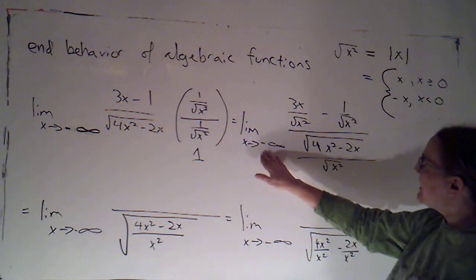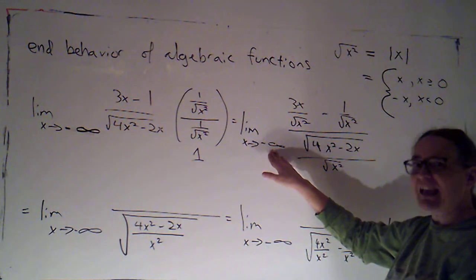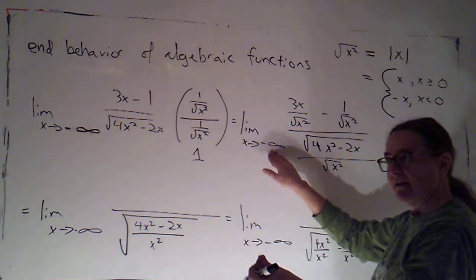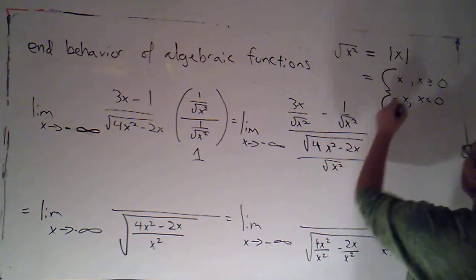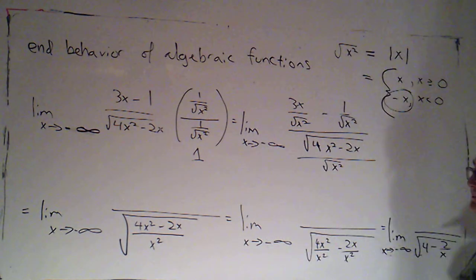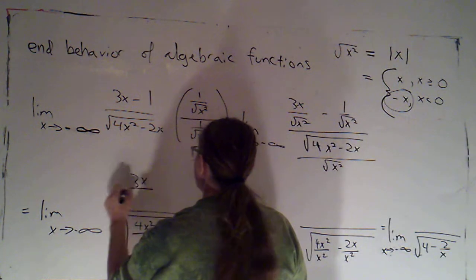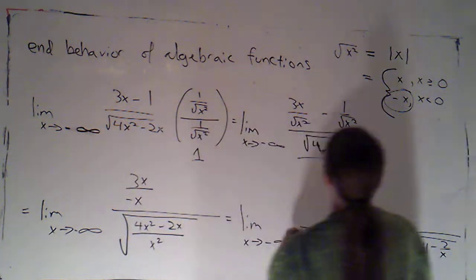Here we're taking the limit as x is going to negative infinity. If x is big and negative, it's negative. So we're going to be using this rule, and I'm going to replace that square root of x squared with the opposite of x.